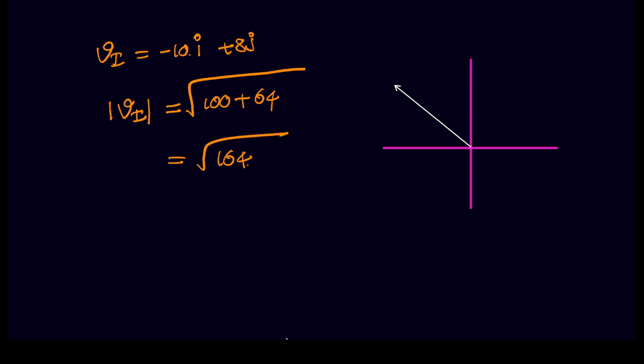In this direction we have 10 and in this direction we have 8. If I call this angle alpha, then tan alpha will be equal to 8 by 10, which is equal to 4 by 5.